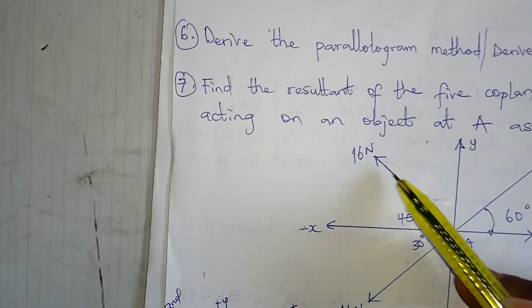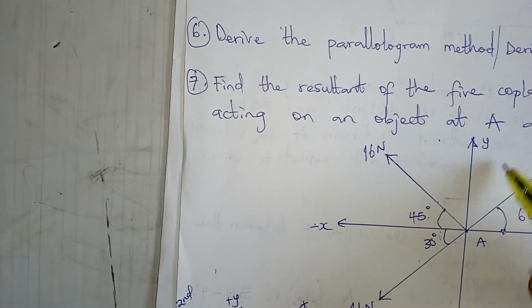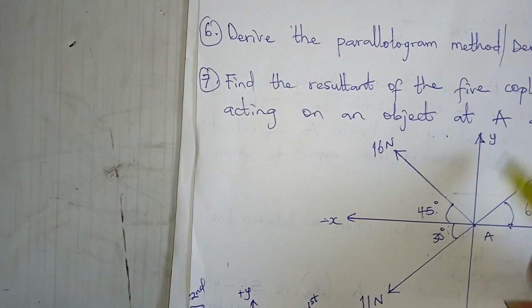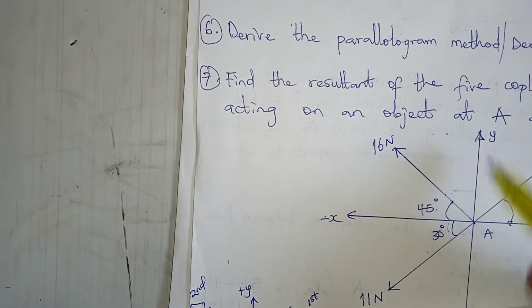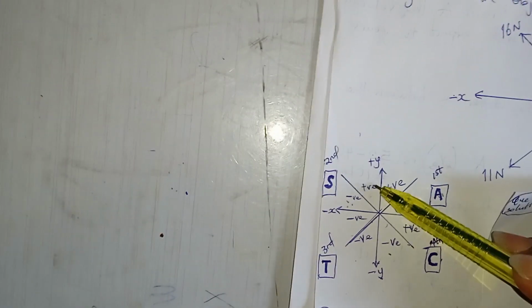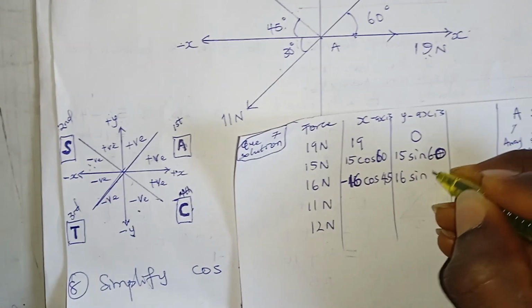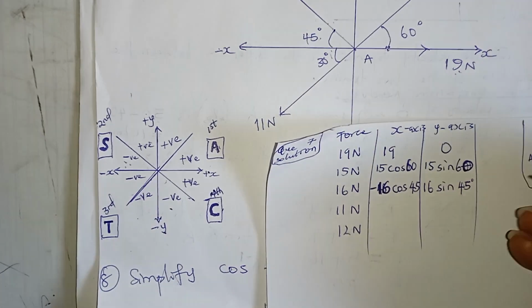So on the y-axis, away from the angle, notice that this angle is here, away from this angle. Taking this way now, you will remember that y is positive in this quadrant. So it will be 16 sine 45 degrees.